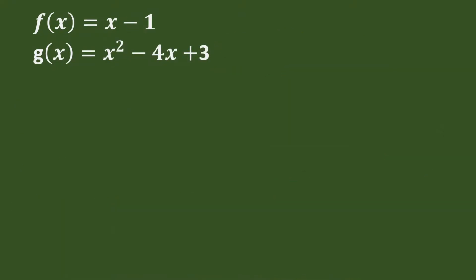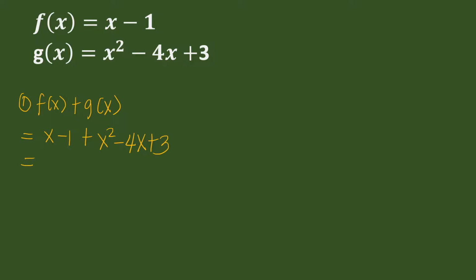Let's say f of x is equal to x minus 1 and g of x is equal to x squared minus 4x plus 3. Again, first, you're asked to find f of x plus g of x. So we will have x minus 1 plus x squared minus 4x plus 3.